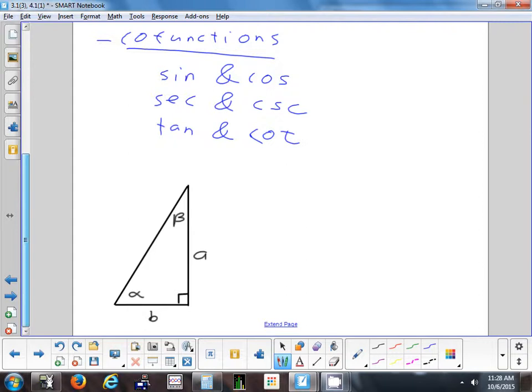Usually when we're solving a triangle, they use Greek letters, just like in algebra they use X and Y a lot. We use alpha and beta a lot. This symbol right here, that's alpha. That's how you write it, and that's how you pronounce it. This is beta.